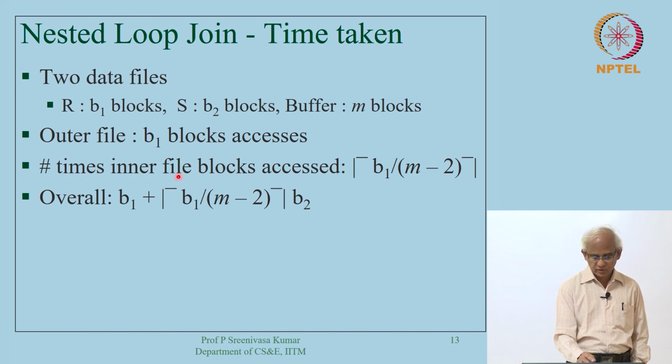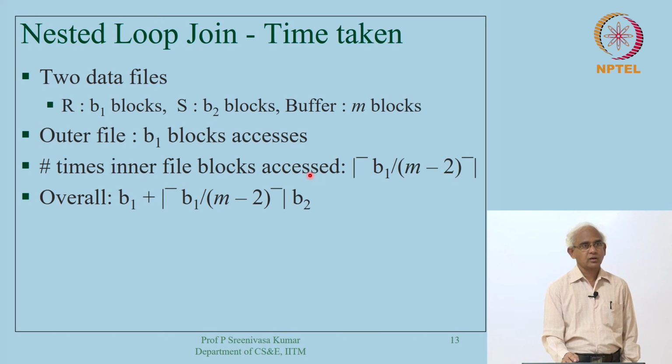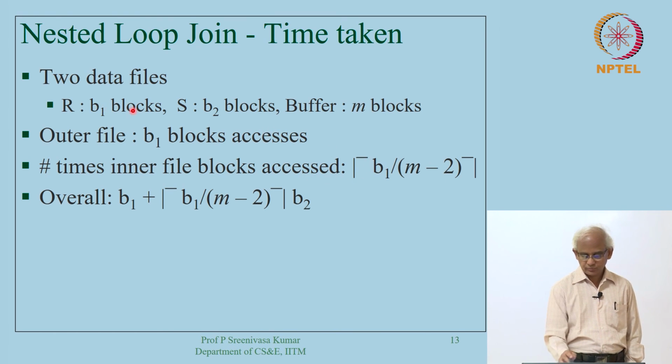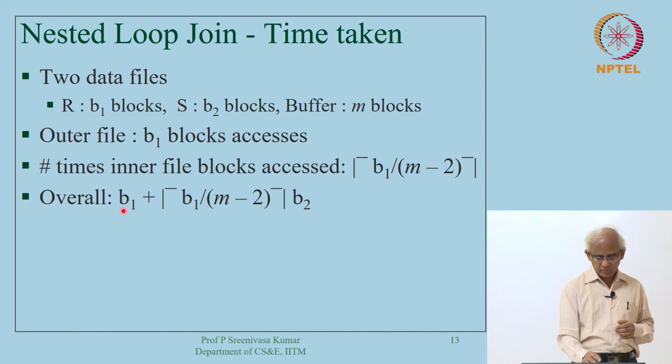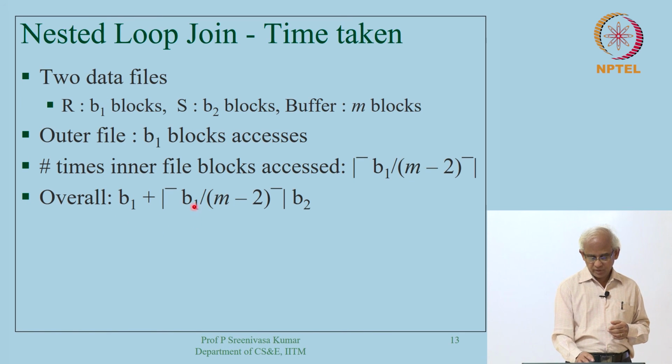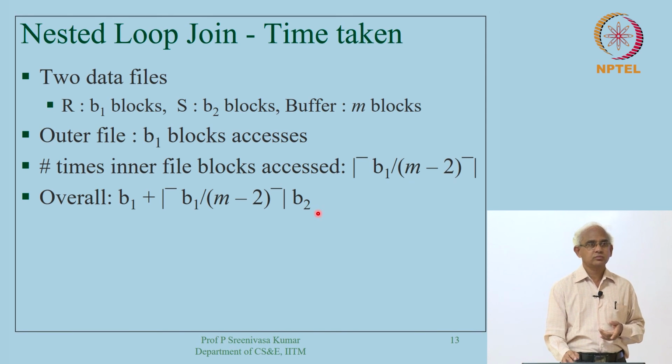So, how many times are the inner file blocks accessed? It is B1 divided by M minus 2 times, we will be accessing the inner file, S. So overall, the nested loop join will take B1 block accesses to read the outer file, and B1 divided by M minus 2 times B2, where B2 is the inner file, this many block accesses.